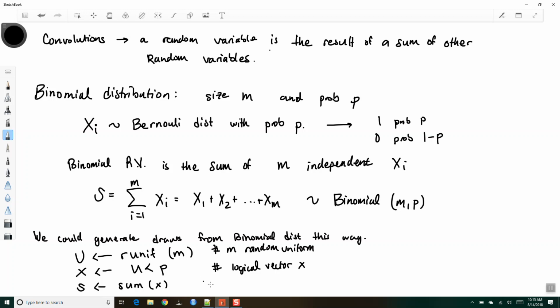Okay? And so this will be binomial with parameters m and p. So that will be just one draw of the binomial.